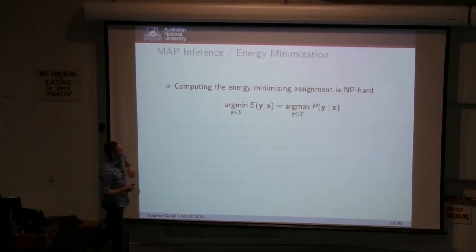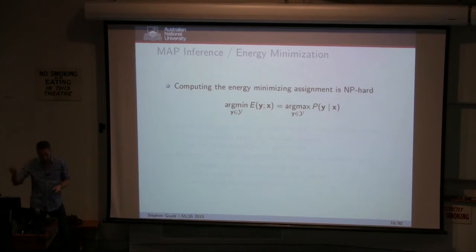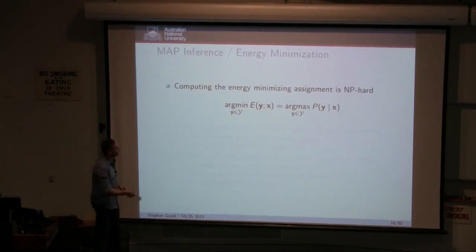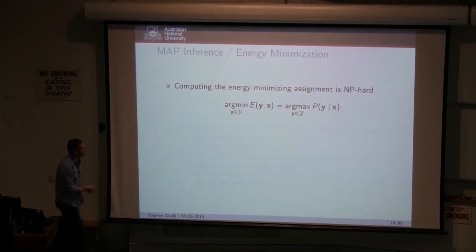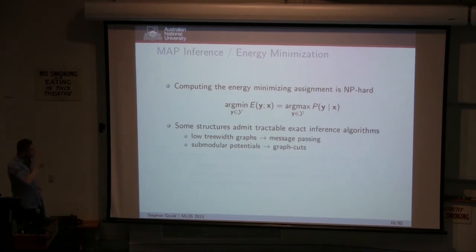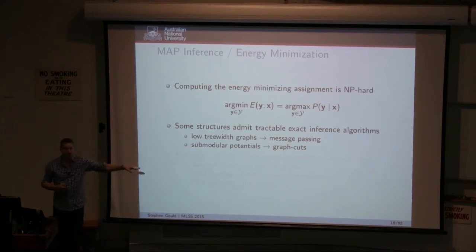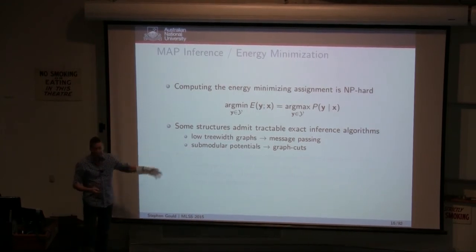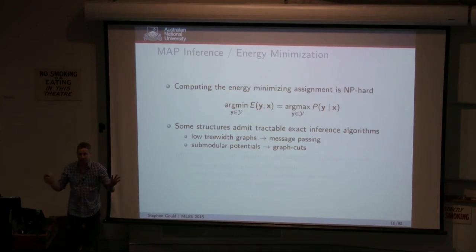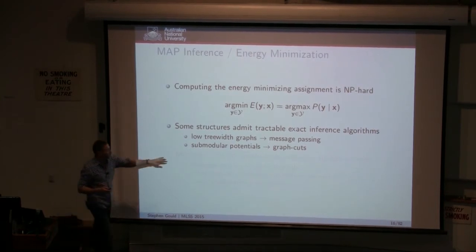So we've said in computer vision, something that we really care about is energy minimization or MAP inference. Okay, so this problem here of finding the assignment to the output variables y that minimizes the energy. Now, some graphical structures admit tractable inference algorithms. So in particular, if we have graphs with low tree width, and I'll define that a little bit more formally in a sec, we can use message passing algorithms.